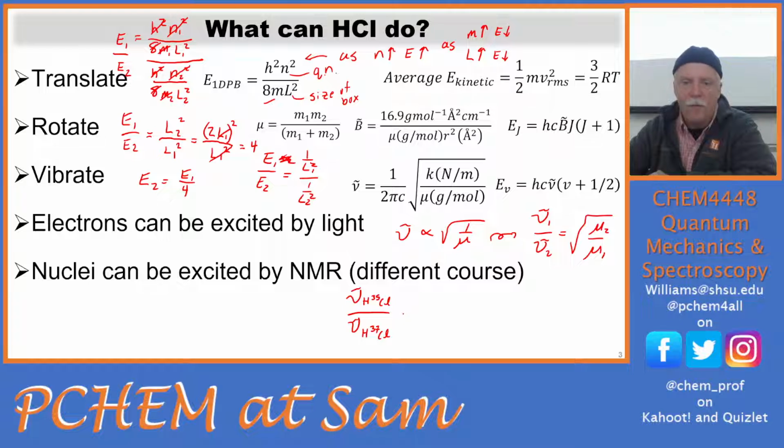Okay. So I have H37 reduced mass on top and H35 reduced mass on bottom.